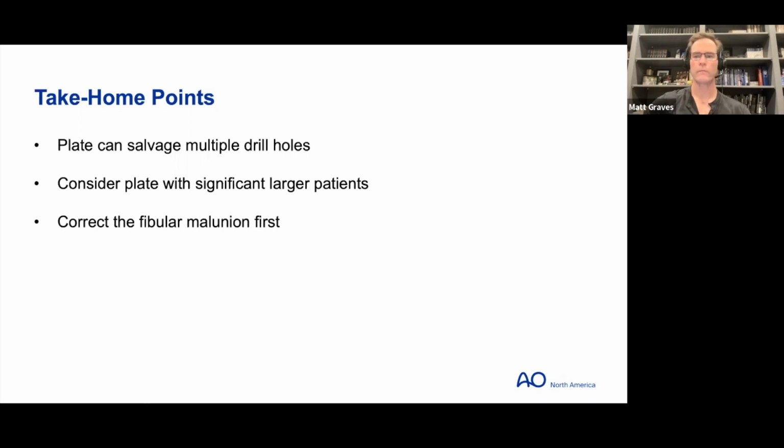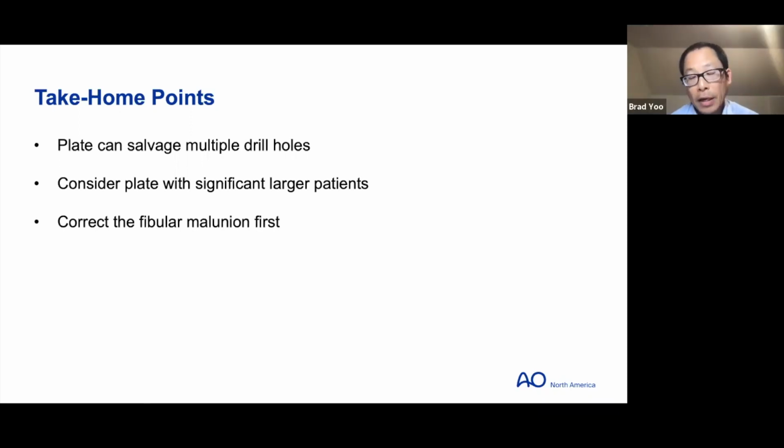Anything more, Brad? I was going to ask, if you see a patient with a lot of flat foot deformity, do you change the construct versus somebody that has more neutral hindfoot alignment? And what is that change for you? Yeah, I wish I was smart enough to know when to do that.